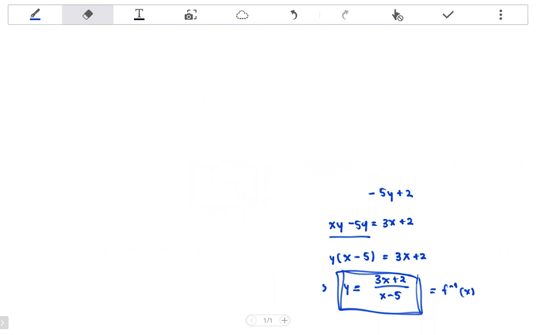Question number 3 says, wait a minute, I'll just erase that. G of x is 9x plus 4 over x minus 7. Let's see. Salina, what did you get for this one?